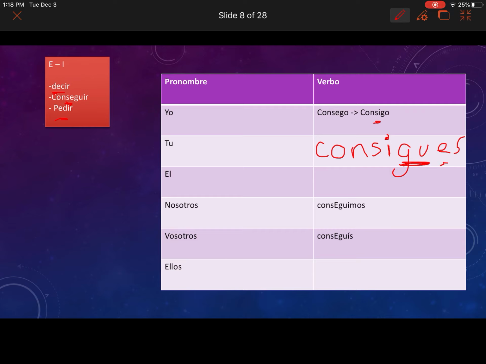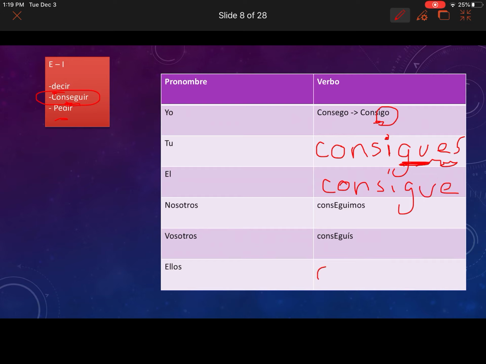So whenever the E and the I are after a G and we want to make the G sound, we have to make sure there's a U there. We don't use it with the O because it's an O, it's not an E or an I. But because the rest has an E or an I, same as the infinitive, we have to make sure we put a U there. So going back to the stem change, it won't be consegue, it will be consigue.